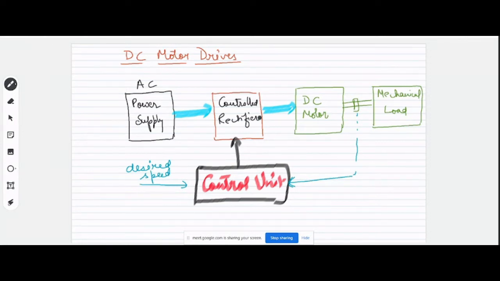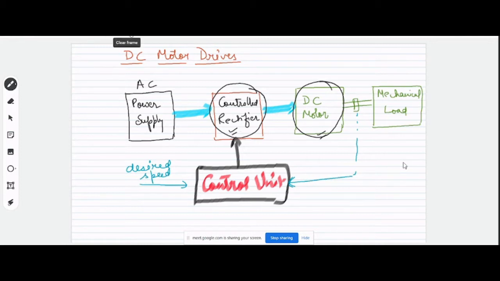Okay, before we study DC motor drives, obviously we will require knowledge of the DC motor, particularly its operation, and the operation of these rectifiers. Based upon the configurations of these DC motors and rectifiers, there could be multiple kinds of DC motor drives.